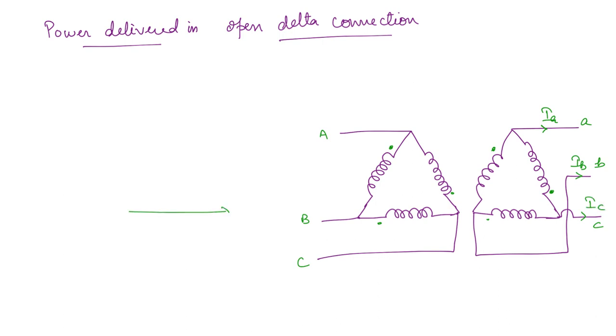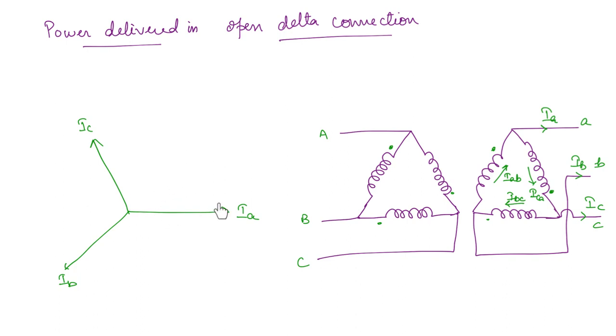So we will first draw with IA as the reference. So this is IB and IC. Now what about the phase currents? If this current is IAB, this is going to be IBC and this is going to be ICA. Now if you represent the phase currents in the phasor diagram, this is IA, this is IB, and here you are going to get minus IB.